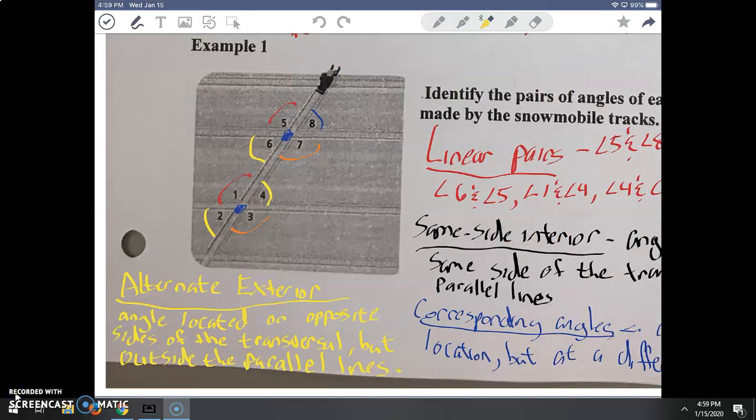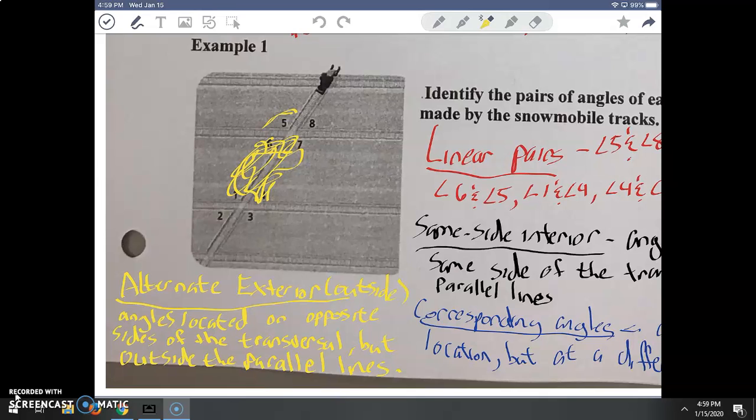Another one I want to talk about is alternate exteriors. Alternate exteriors are angles located on opposite sides of the transversal but outside the parallel lines. These will not be in effect because they're all inside of the parallel lines. If I did angle 5, it's on the exterior. Exterior means outside.